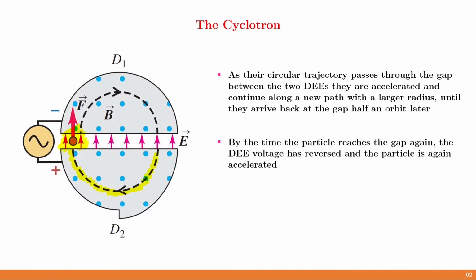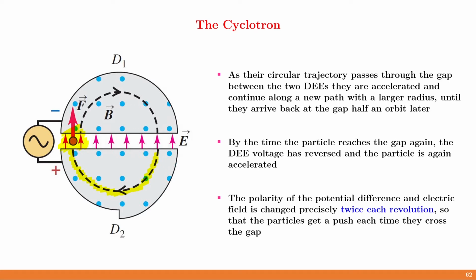By the time the particle reaches the gap again, the D voltage has reversed and the particle is again accelerated. The polarity of the potential difference and the electric field is changed precisely twice each revolution so that the particles get a push each time they cross the gap.